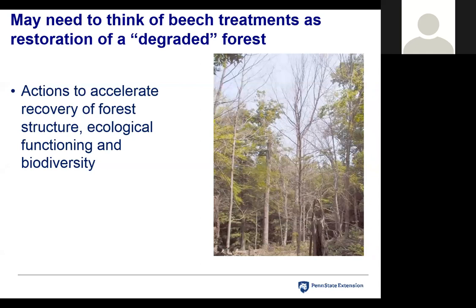So you're trying to accelerate the recovery of any structure or function or diversity, knowing that maybe some of the original objectives might need to be delayed. And in some cases, like this picture here, maybe it's almost like a salvage operation for this stand. What can you really recover, or is it maybe more worthwhile to try to start again somehow?